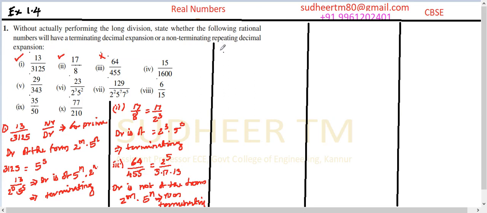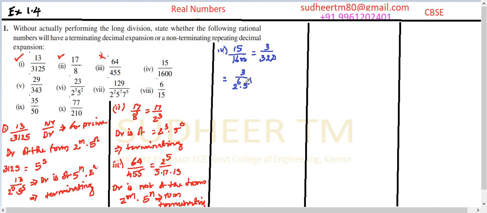Now consider the fourth case. Fourth case is given 15 divided by 1600. This we can simplify to 3 divided by 320. On prime factorization, you will get 3 divided by 2 raised to 6 into 5 raised to 1.